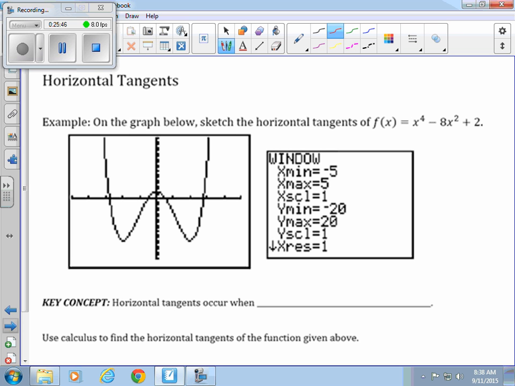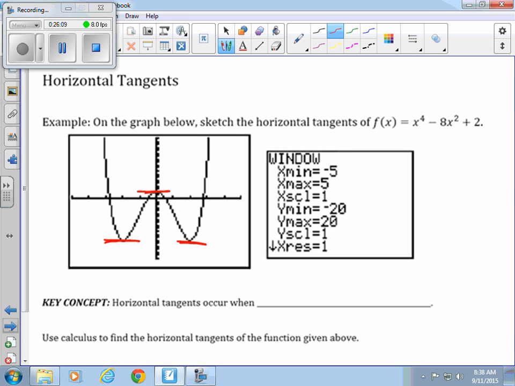Squared plus 2. Okay. It says find, sketch the horizontal tangents. What in the world is a horizontal tangent? Okay. Then it says find them.